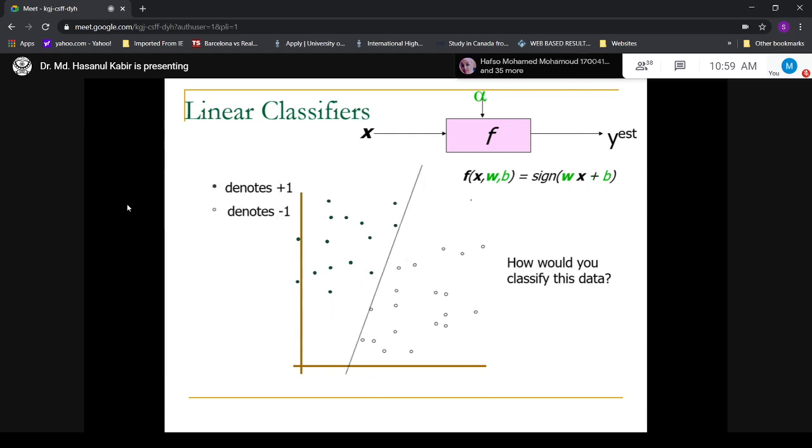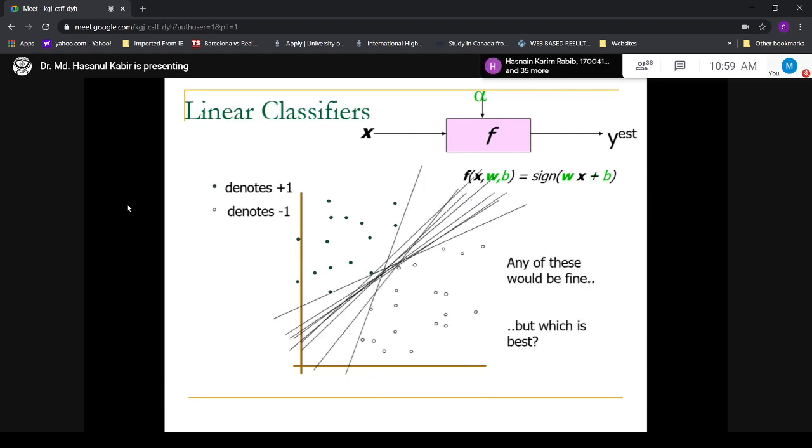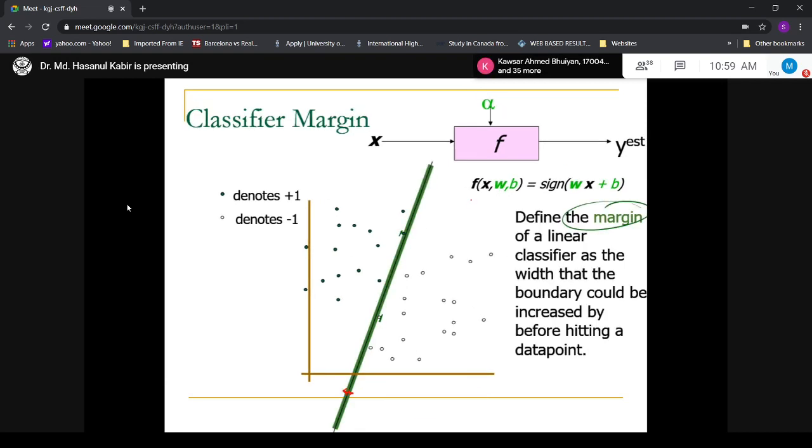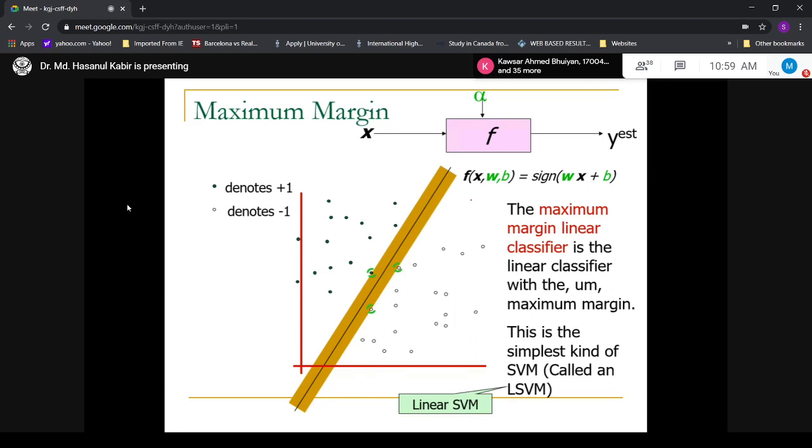That means if I have a lot of choices, each of these lines will have its own margin, or we can say this width value. And which one should be the best one? The one that has the largest, the maximum margin.